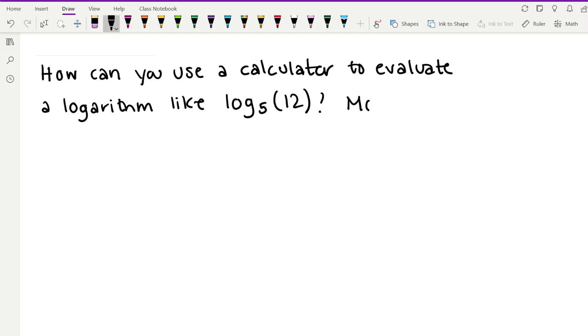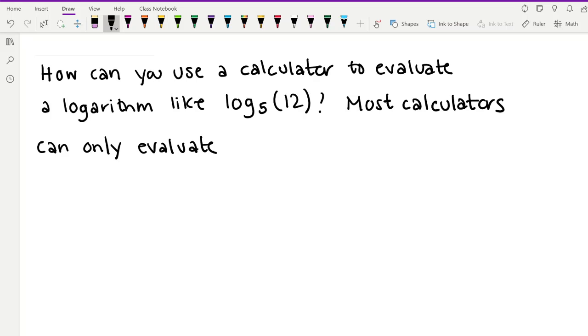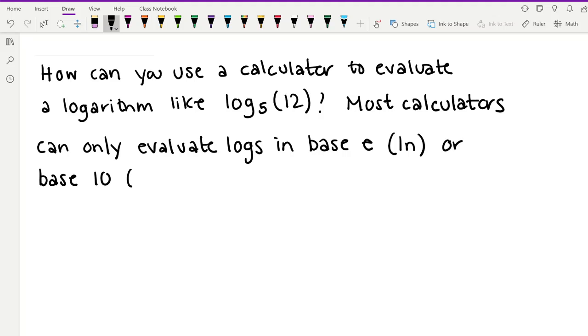Most calculators can only evaluate logarithms in base e or base 10. Remember, base e for a logarithm is what's called ln, and base 10 is what is called just log.